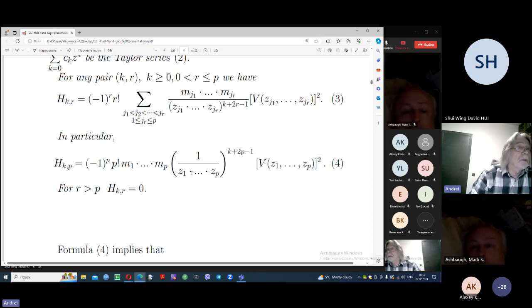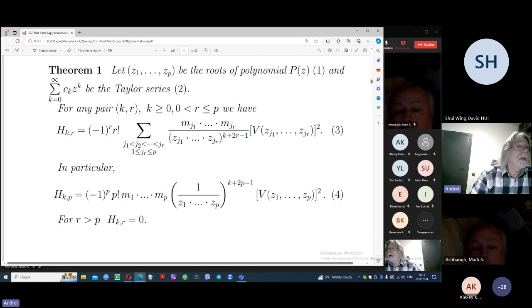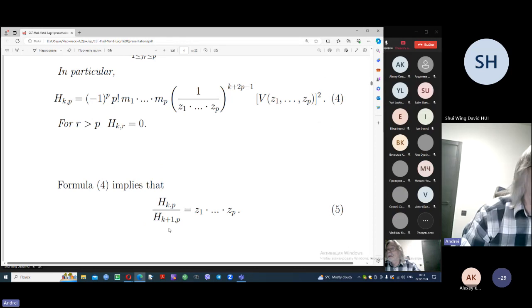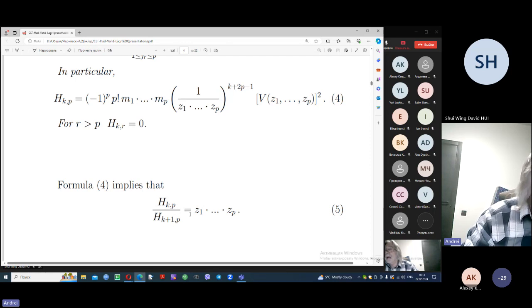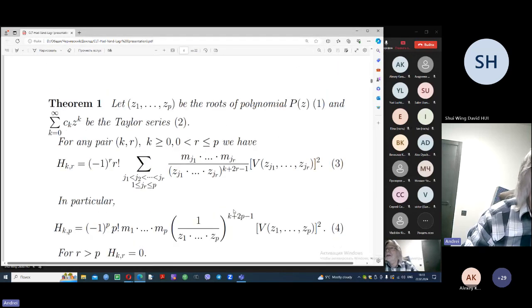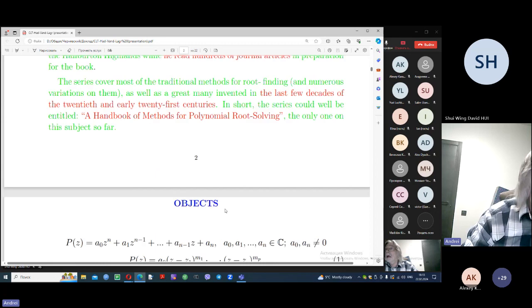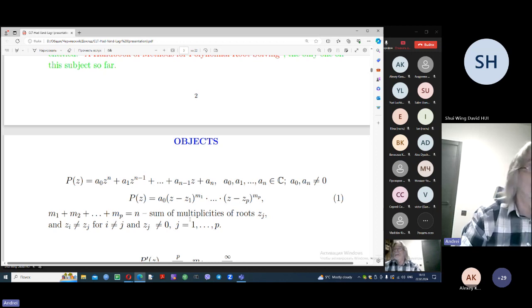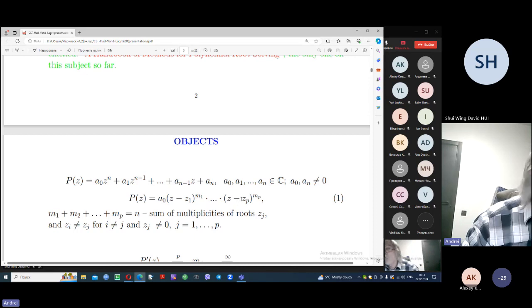So in particular, we have from this result that the ratio for p of Hk divided by Hk plus 1 is the product of all the roots of this polynomial. Again, these are the different roots of the polynomial we're considering.